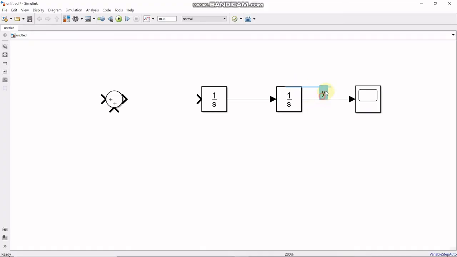So this is y. Here we'll have y prime, and then y double prime. What will be going into this first integral will be our y double prime.